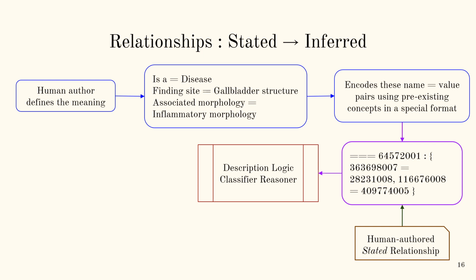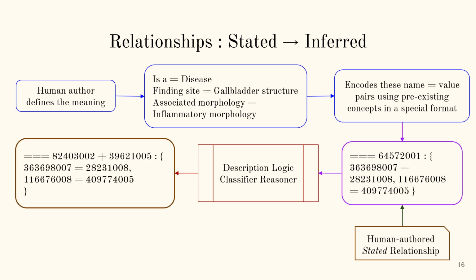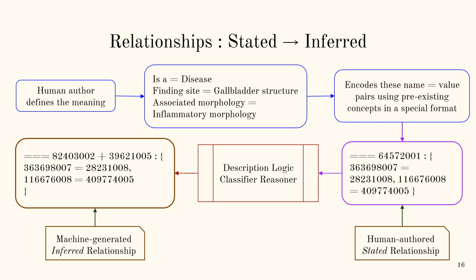Once you subject the stated relationship to this type of reasoner, you get this set of numbers generated. This is the machine generated inferred relationship. So the description logic classifier infers the detailed relationship from the human authored stated relationship.